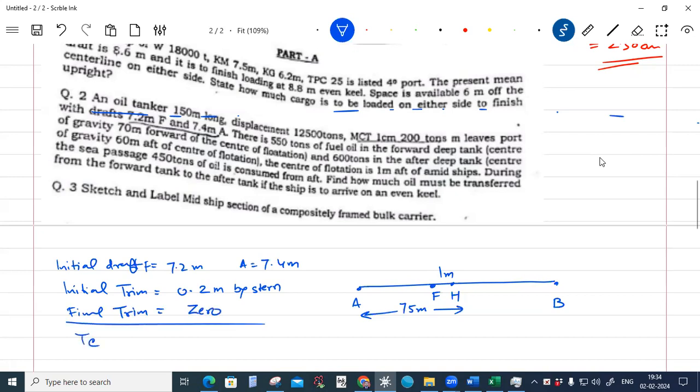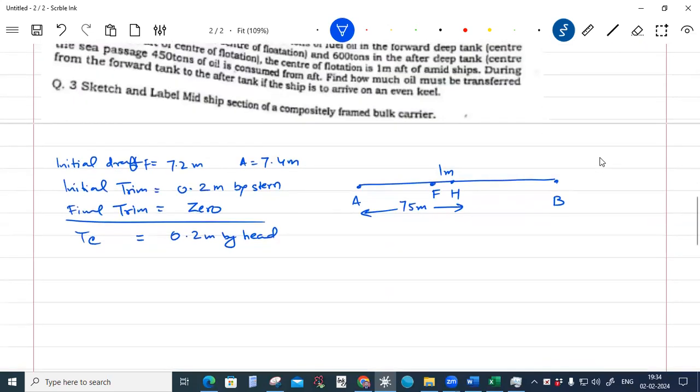So what should be the trim cost? 0.2 meter by head. Or in centimeter will be how much? 20 centimeter by head.